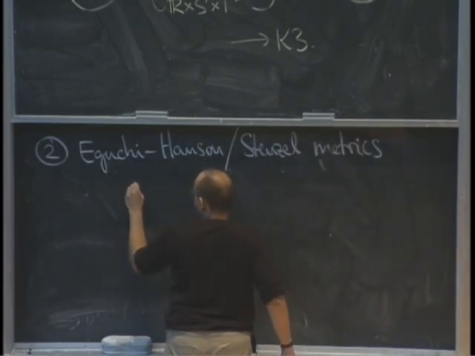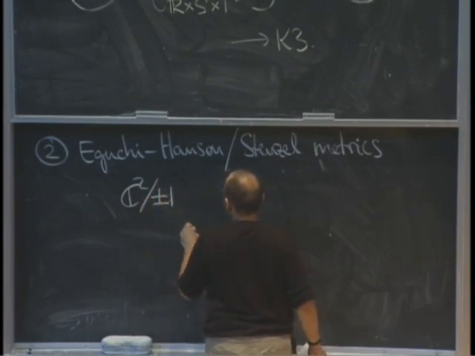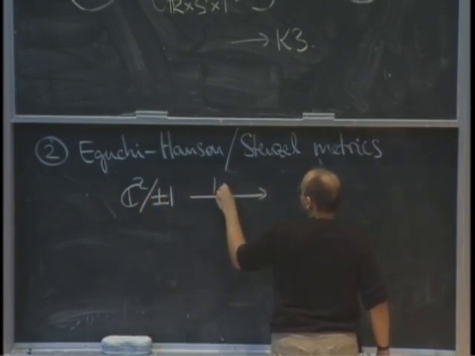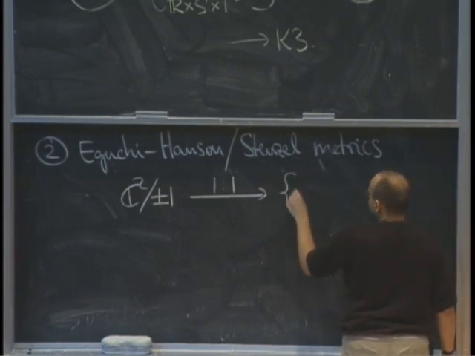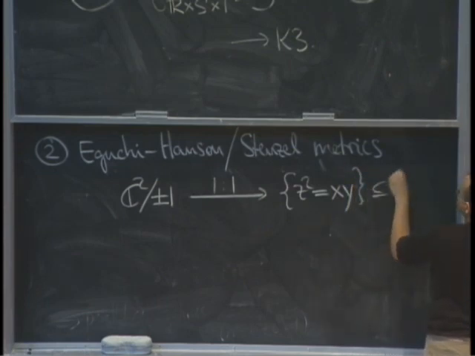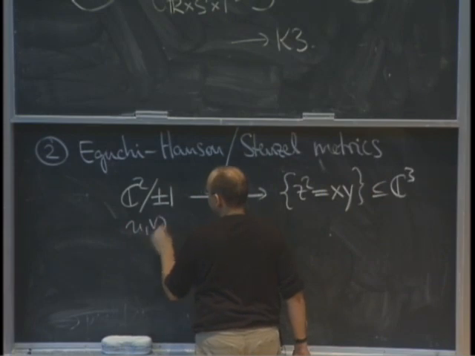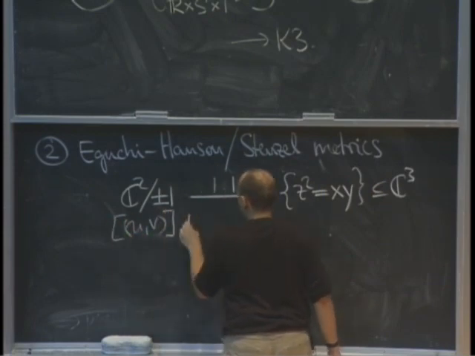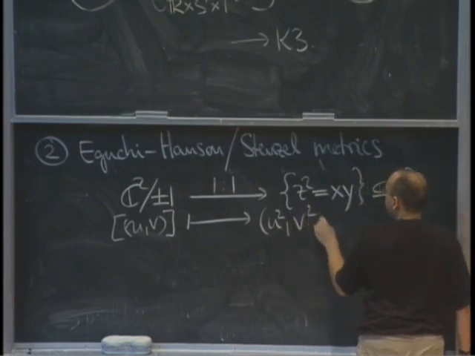So we have this cone C2 mod plus minus 1, and we saw that this is isomorphic to a singular surface z squared equals xy in C3 via the map that sends (u, v) to the vector (u squared, v squared, uv).